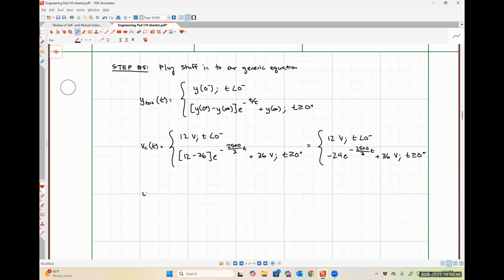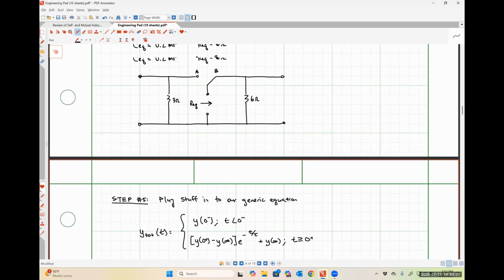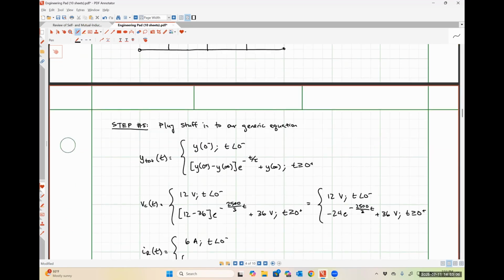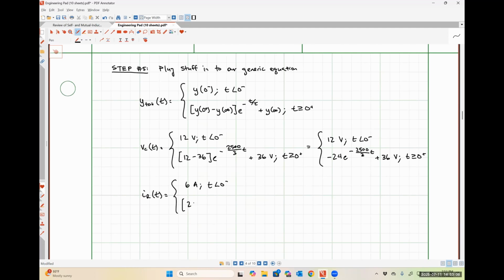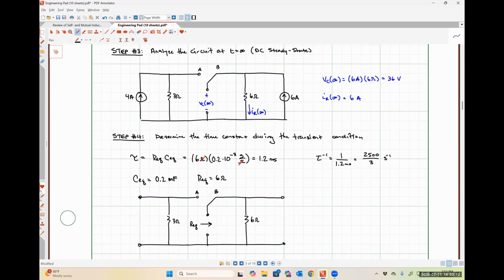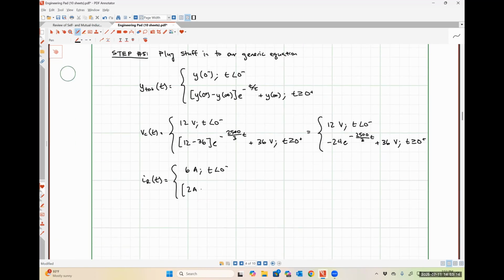For our resistor current, we had 6 amps, if I'm remembering correctly, at t equal to 0 minus. Then we had, let's see, 2 amps at 0 plus, and 6 amps yet again at infinity.